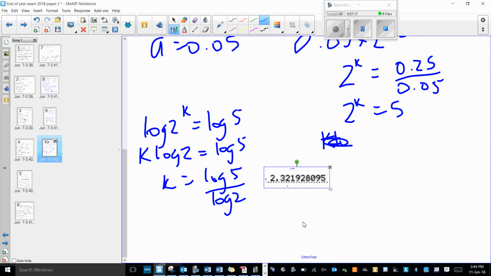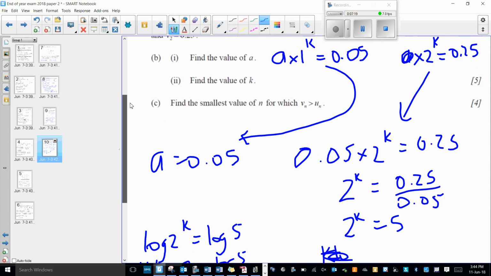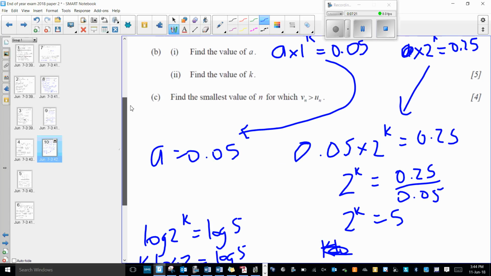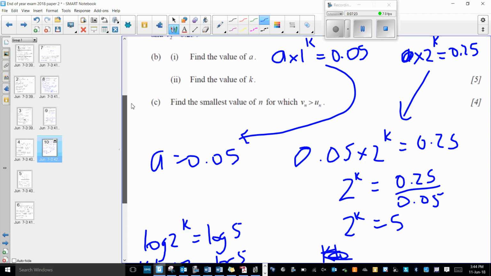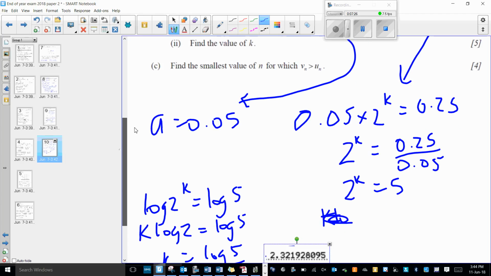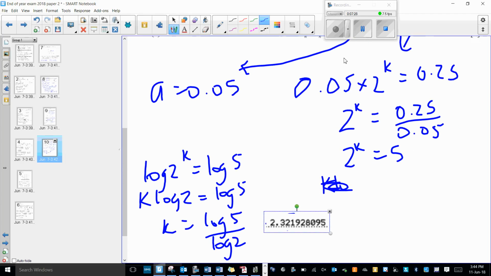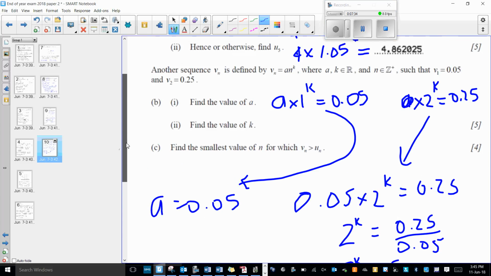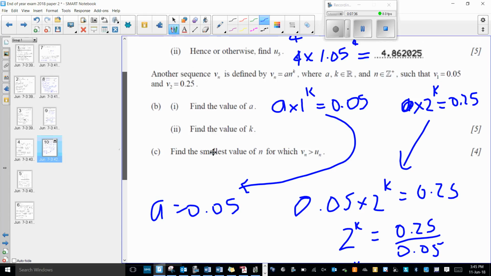Find the smallest value of n for which Vn is greater than Un. Okay, so you've got different ways of doing this. I would probably just plot them and see where they were equal, or see when one is greater than the other.